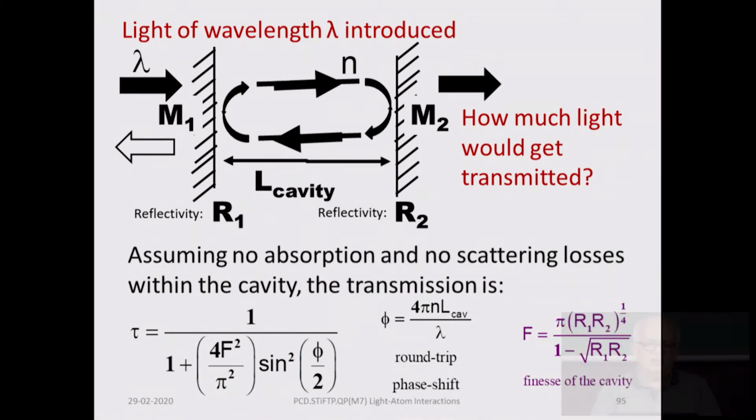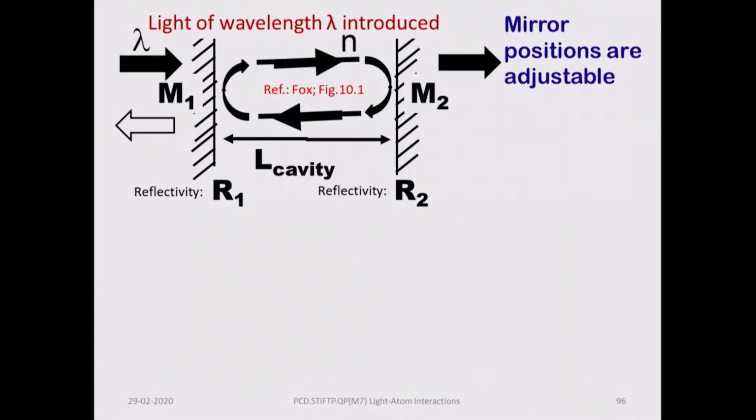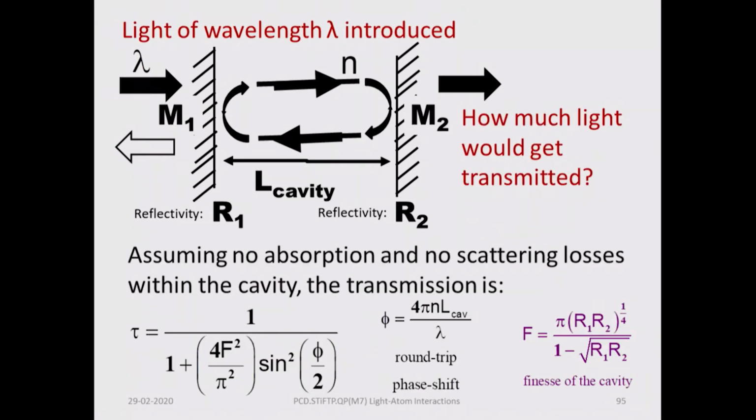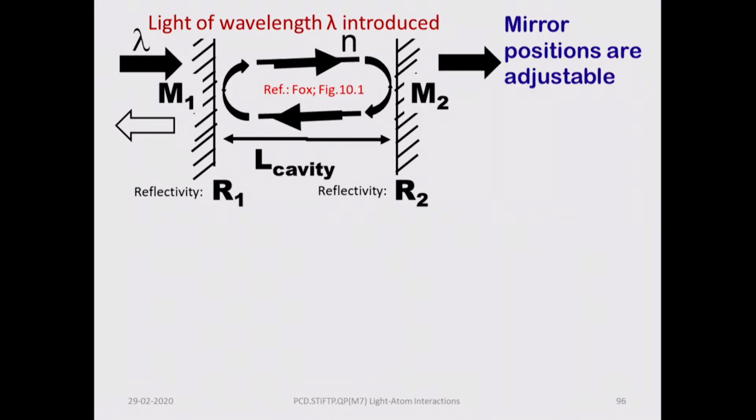The amount of transmission is given by this expression. So, these results come from usual considerations of optics as to how much energy can be extracted from this cavity, and these formulae can be found in usual books on optics.